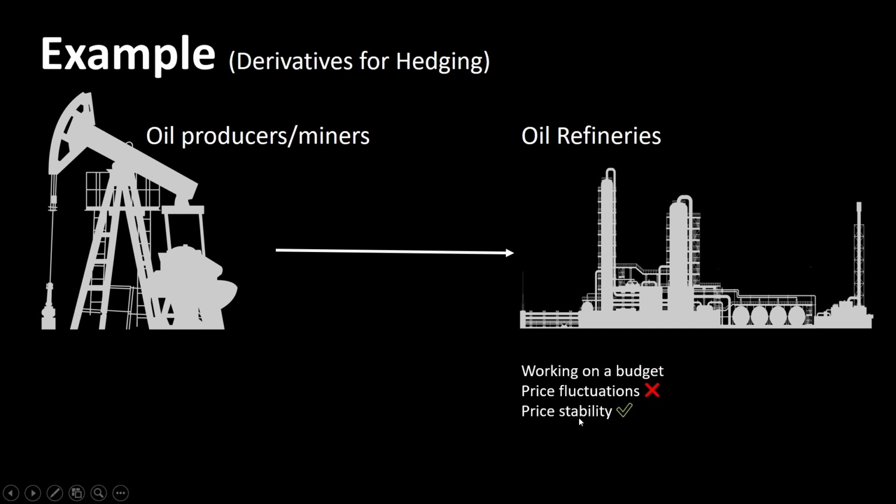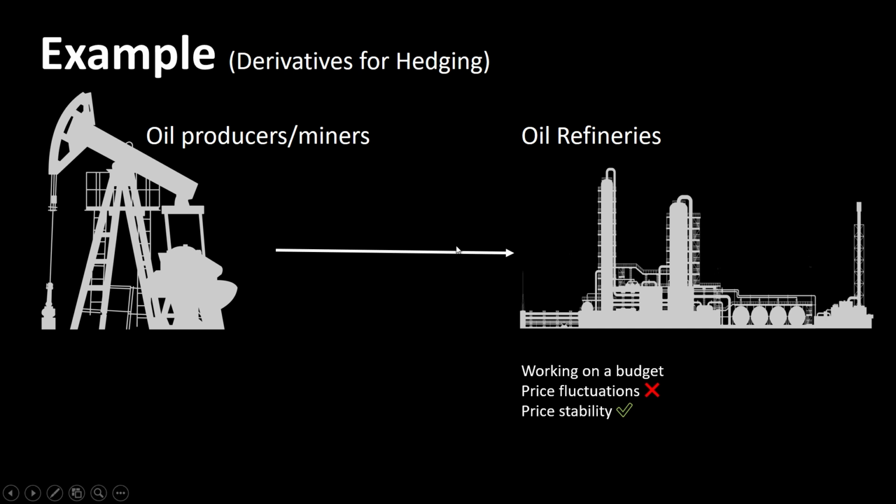They want price stability. They want to plan for how much oil they're going to buy in the next month, and for them to do that, they have to budget and make sure that the oil price remains kind of stable for them to be able to work with the same budget now and 3 months from now.